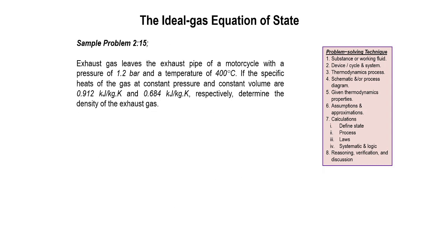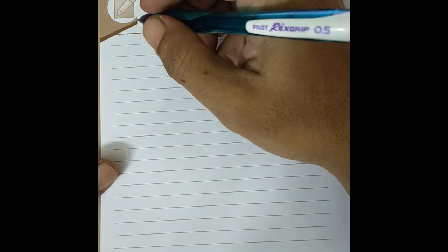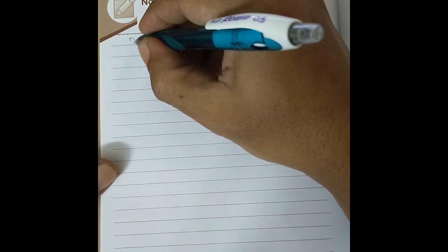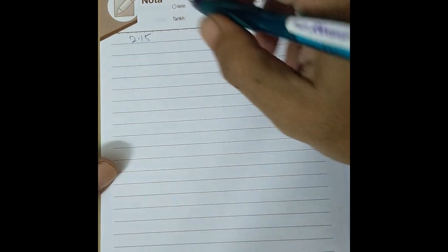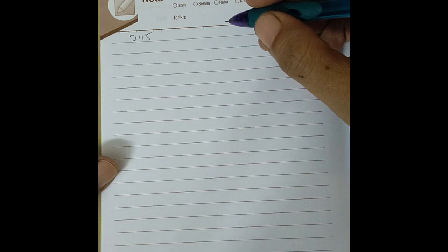So example problem 2.15. Exhaust gas leaves the exhaust pipe of a motorcycle with a pressure of 1.2 bar and temperature of 400 degrees Celsius.